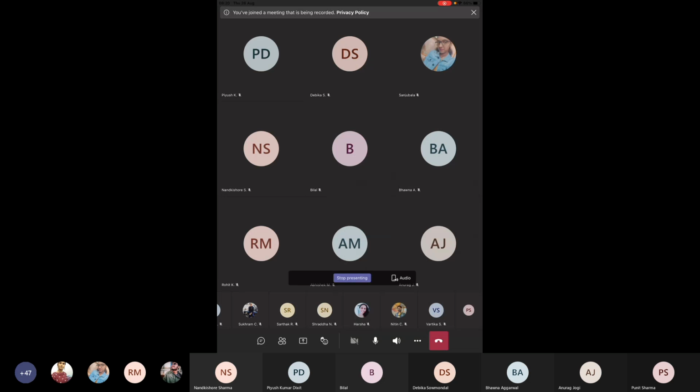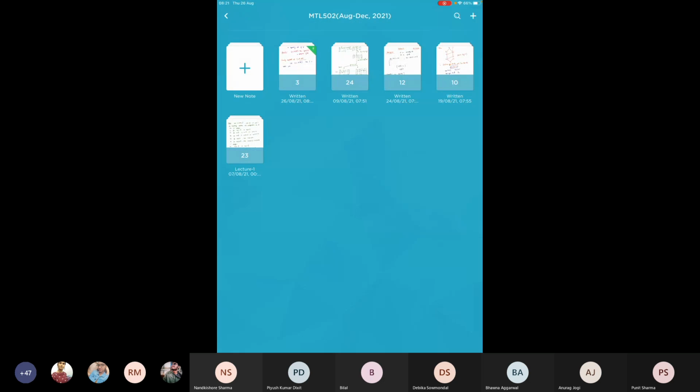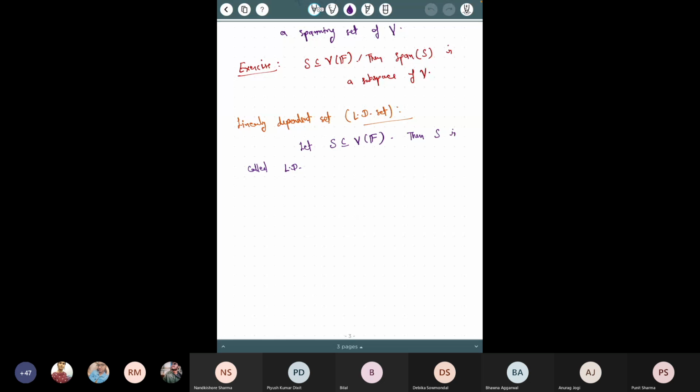Okay, so we were defining a linearly dependent set. So let S be a subset of V, then S is called linearly dependent if, can you tell me what is a linearly dependent set?